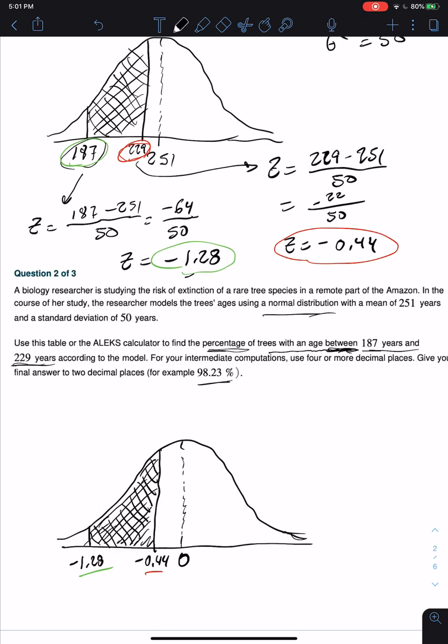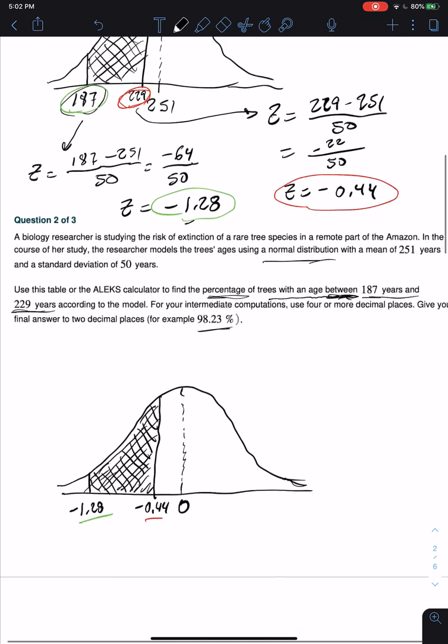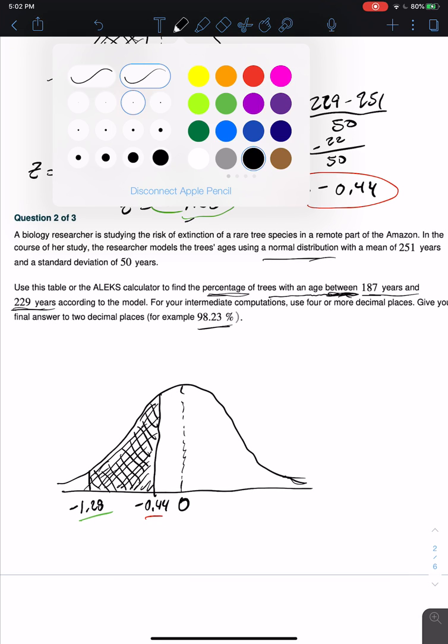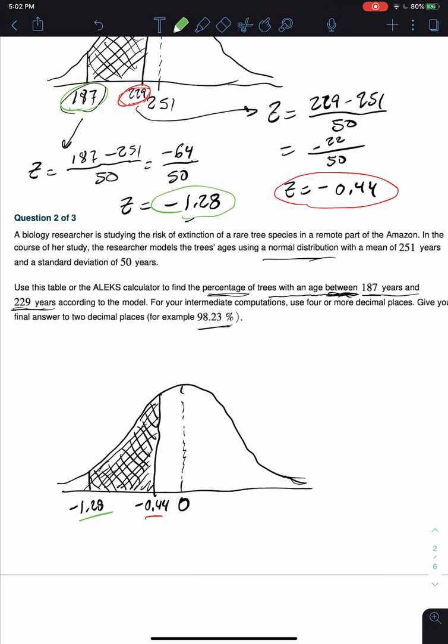I could figure out the answer, which would be the percentage that have those ages between 187 and 229. Just like before, there's a lot of repetition here. It's just that now this is a word problem, so that's what makes this one maybe a little bit tougher. But from now on, it should be really familiar.